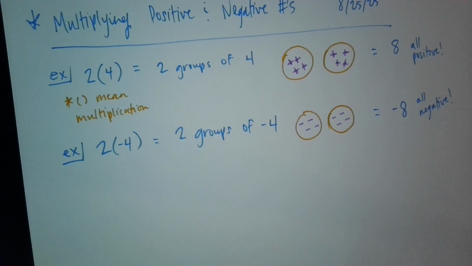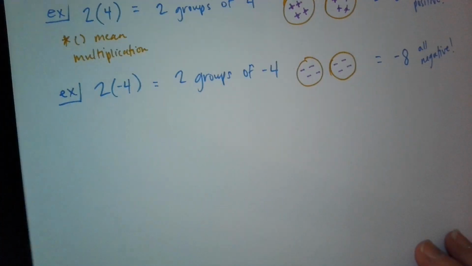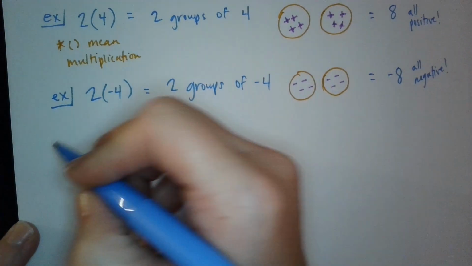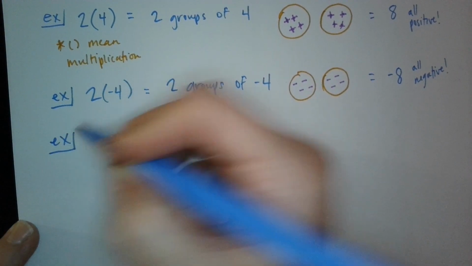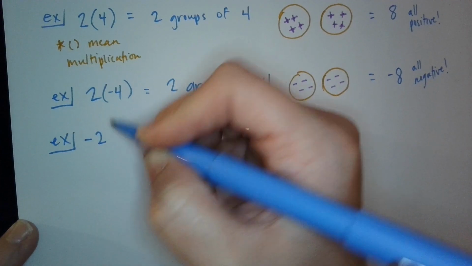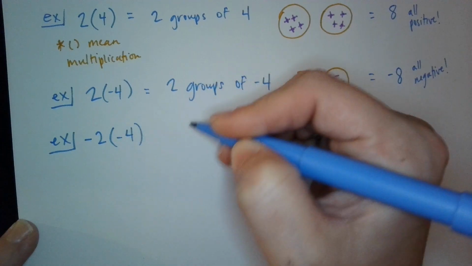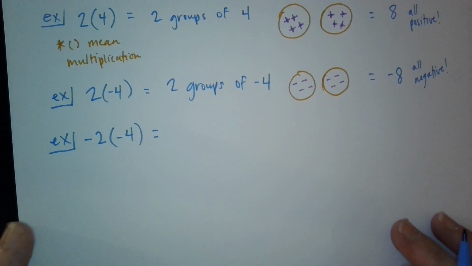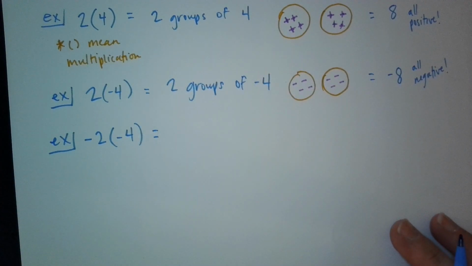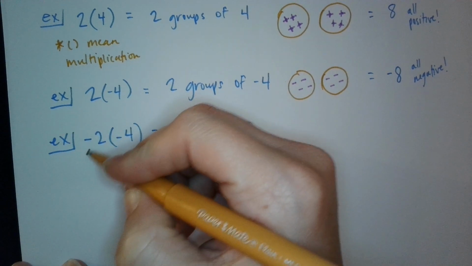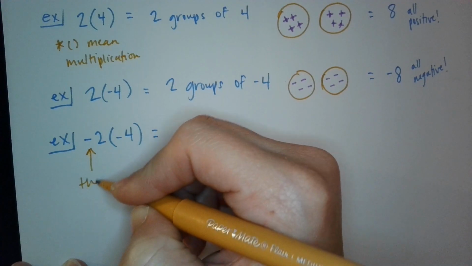Alright. What if I have negative 2 times negative 4? This negative out front is going to be read as the opposite.